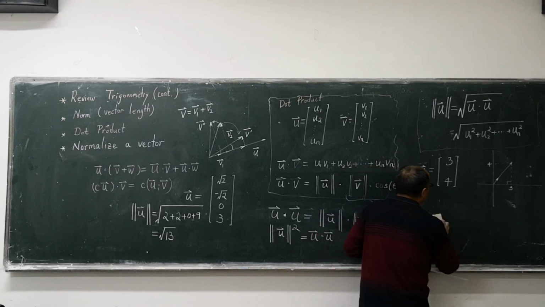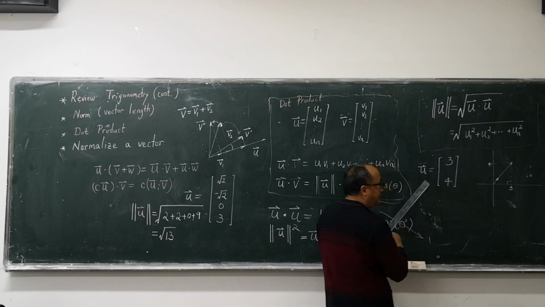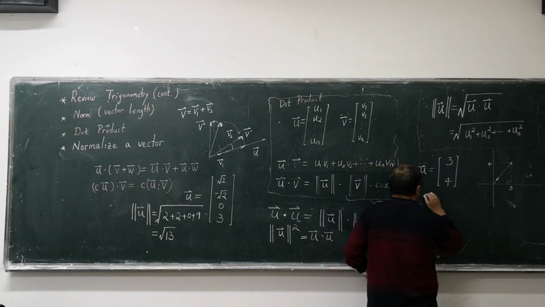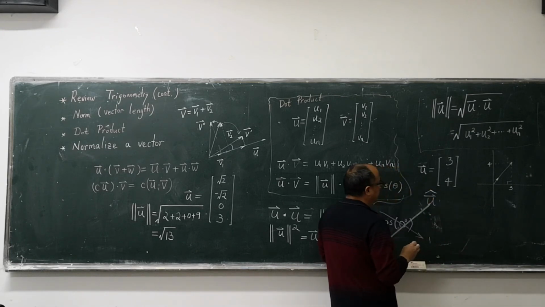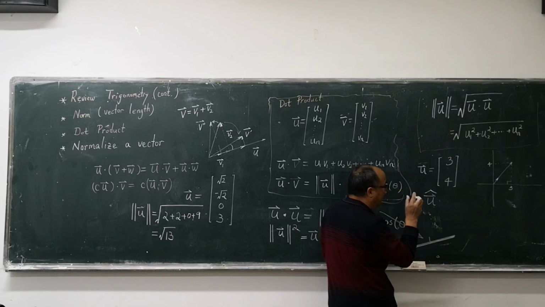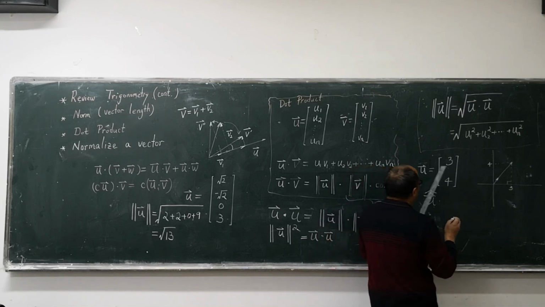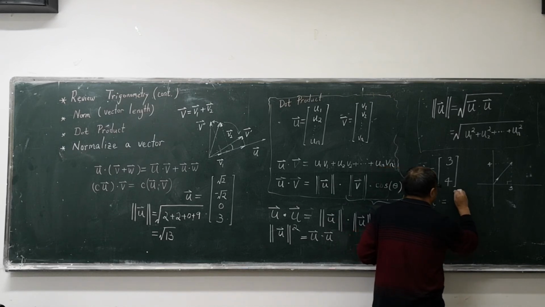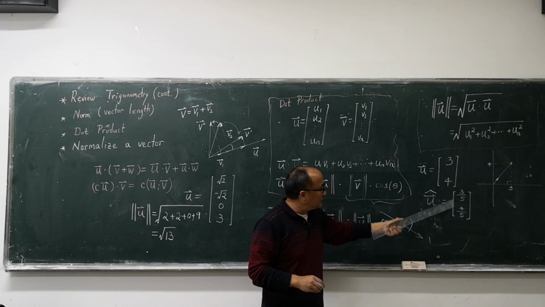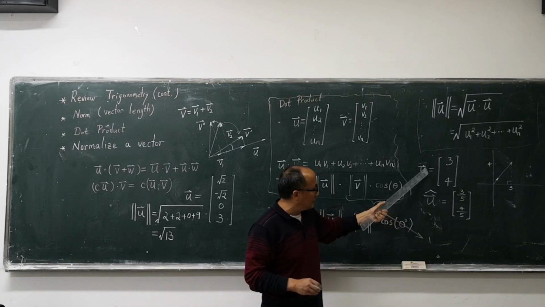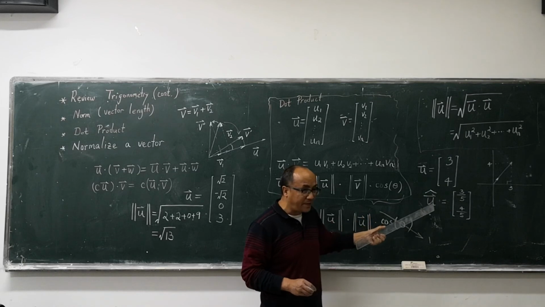Okay, for the unit, to normalize this vector, there's a hat. This means the length is just one, but it's the same direction. Since we know it's a 5, this vector has the same direction as this, but the unit length is 1.